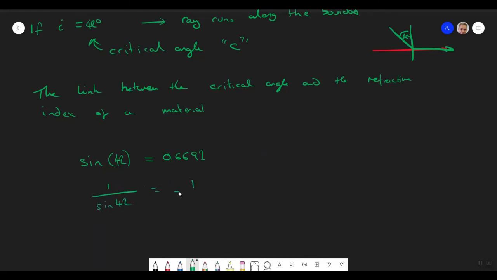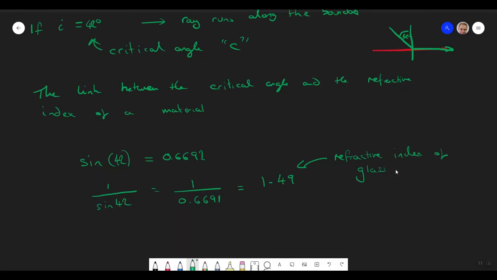Well, that is 1 over 0.6691, and if I do 1 over that number, I get 1.49, which you hopefully might remember is the refractive index of glass.